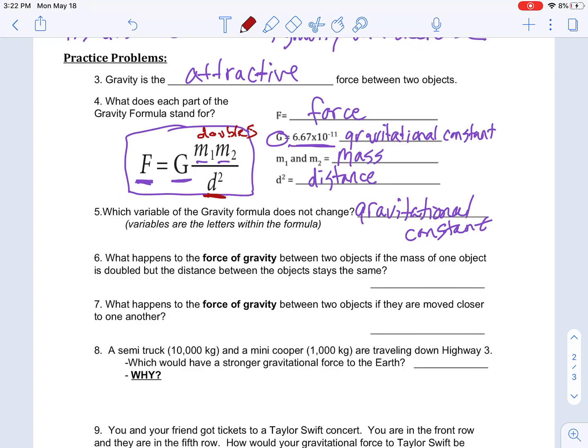It makes it equal. So if one side goes up and doubles, the other side of the equation is also going to double as well. So the force of gravity is going to double.